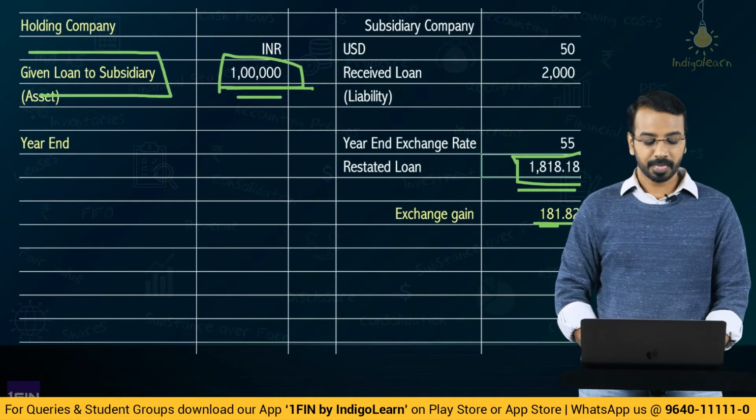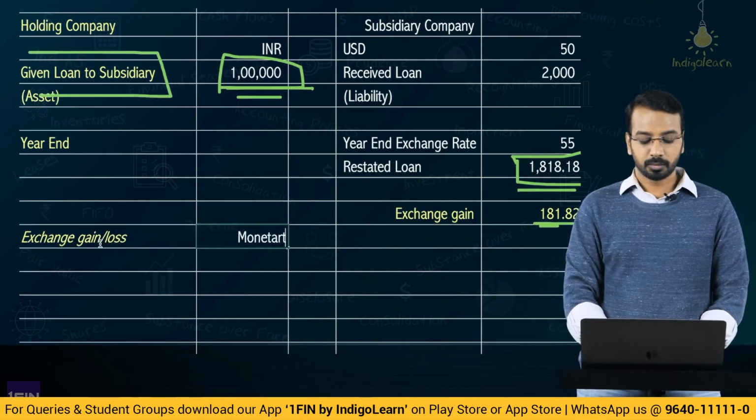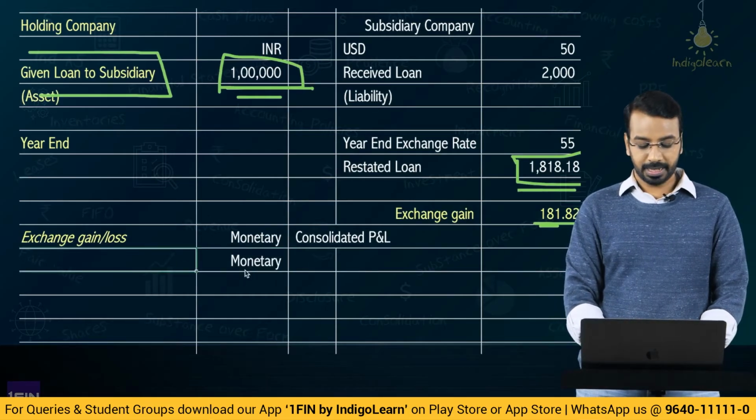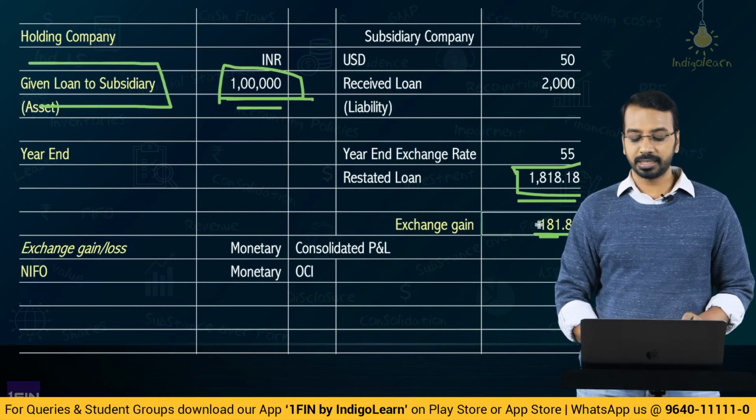So, two things: exchange gains or losses on monetary items, you will take to the consolidated P&L. If it is a monetary item and if it is pertaining to NIFO, then you will take it to OCI. Okay, now you understood the reason why we should recognize this gain.